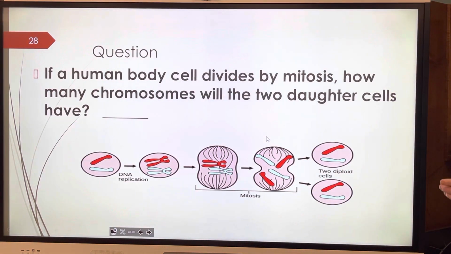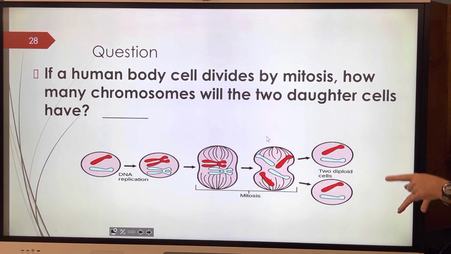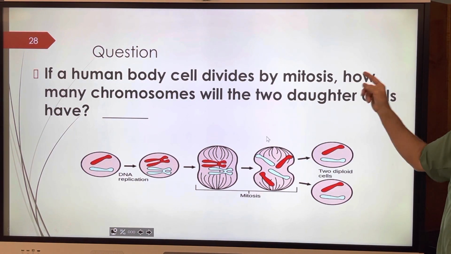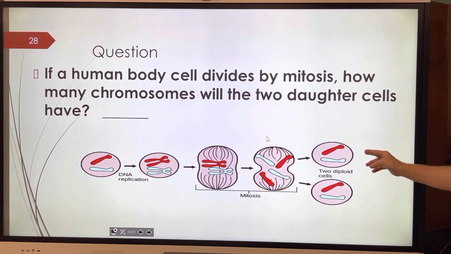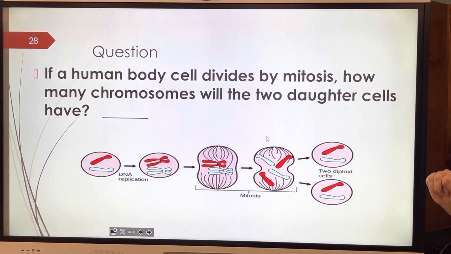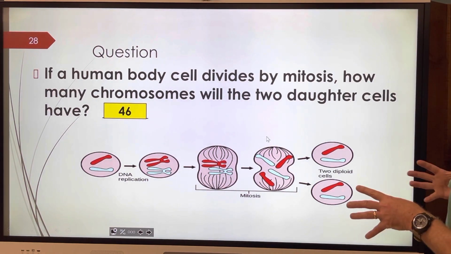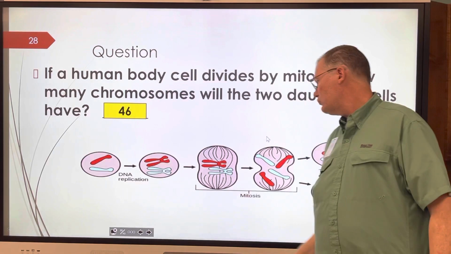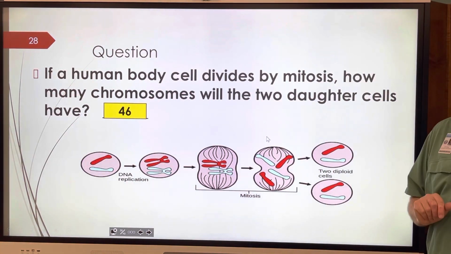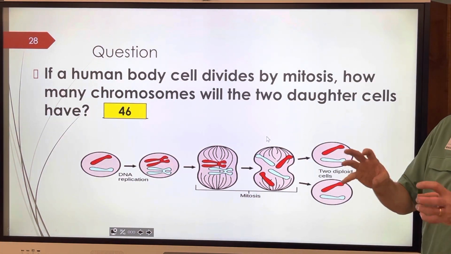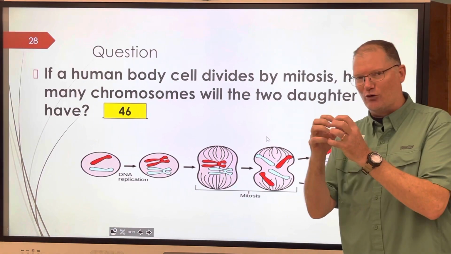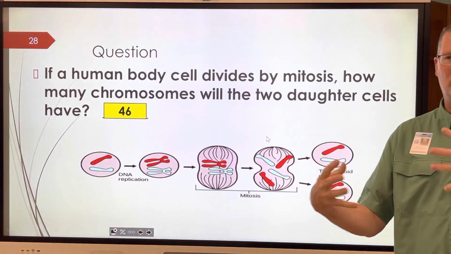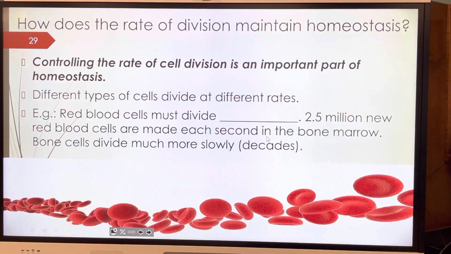Question in your notes: if a human body cell divides by mitosis, how many chromosomes will the daughter cells have? It's identical to the parent cell. Parent has 2, daughter cells have 2. I don't mean daughter like child. I mean when a cell replicates and splits into 2, those 2 cells are called daughter cells.